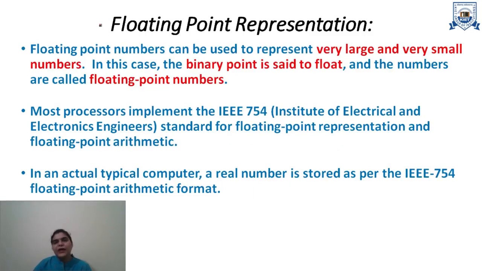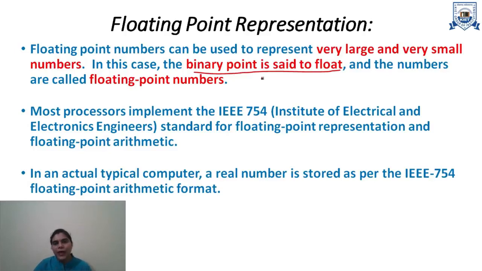So we have another method, floating point representation. In fixed representation, the position of the binary point is kept fixed. But in the floating point representation method, the position of the binary point is set to float. Or we can say the position of the binary point is variable.